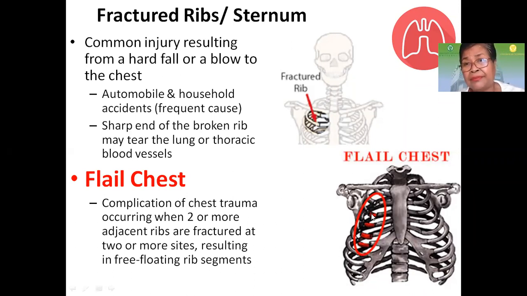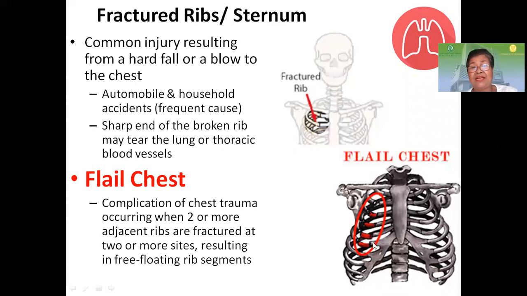Siyempre nandiyan heart, nandiyan si lungs sa banda rin eh, kasi si heart sa gitna. So therefore, there could be fracture to the lungs. There could be pulmonary contusion. There could be cardiac contusion. And there will be damage to the blood vessel. It may tear the lung or thoracic blood vessels. Kaya magkakaroon tayo ng bleeding. Okay. Frequent cause, automobile accident, vehicular accident.